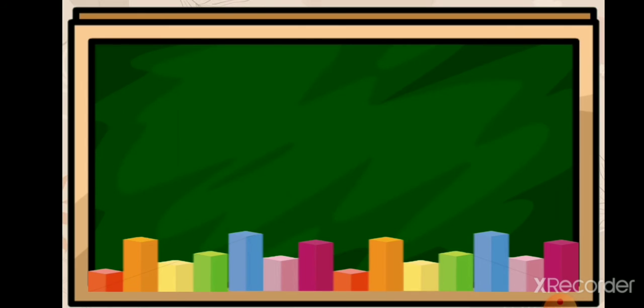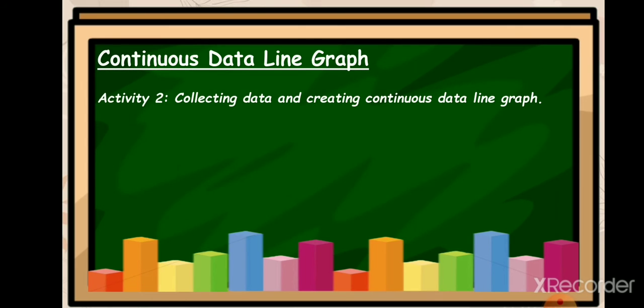And now, let us proceed to our activity number 2, collecting and illustrating data to create a continuous data line graph. So based on your observation on the discrete data line graph, what do you think, or how do you visualize a continuous data line graph? Anyone? The class?